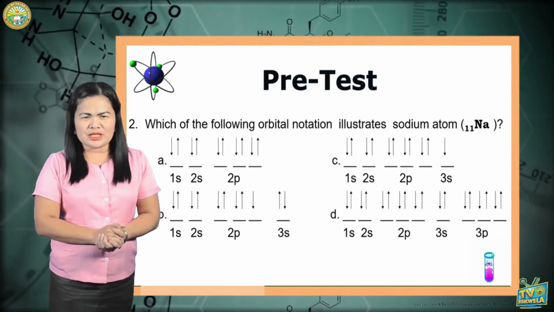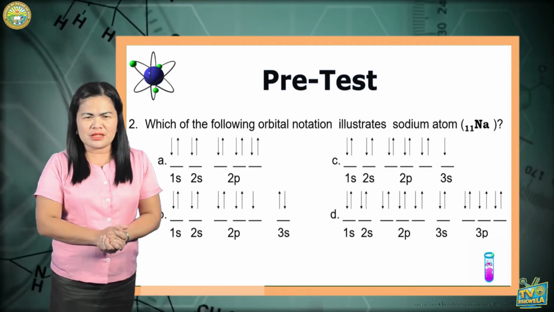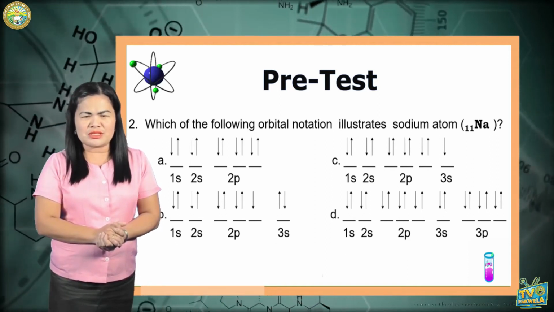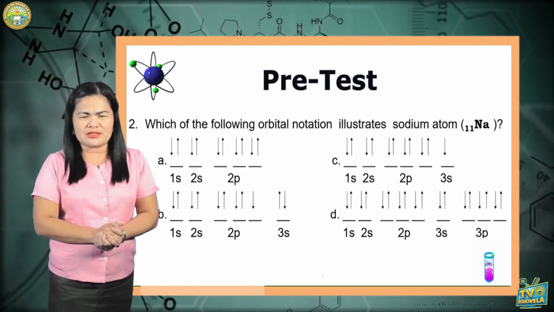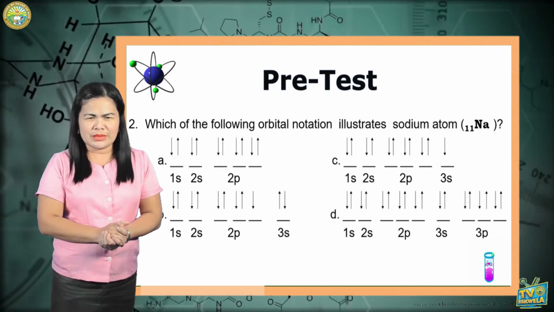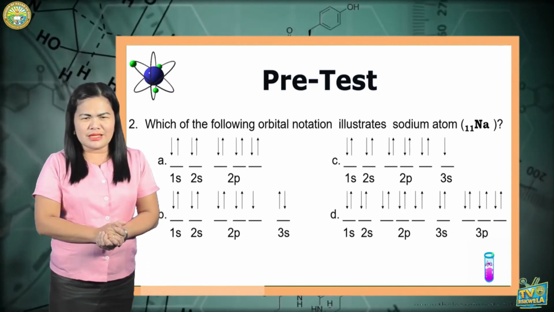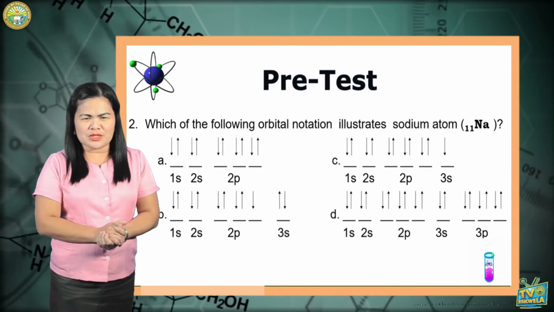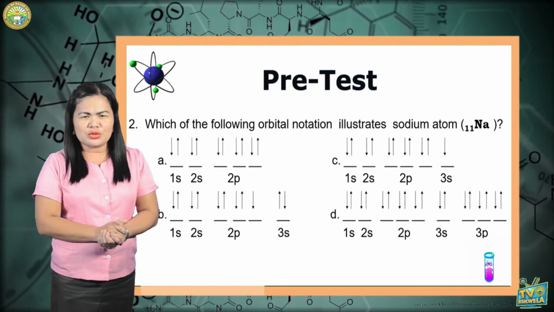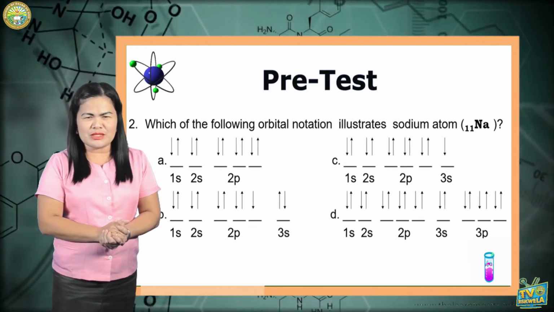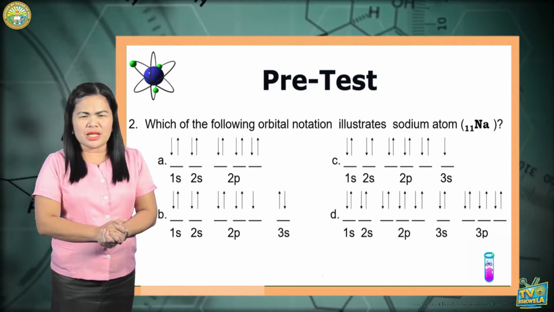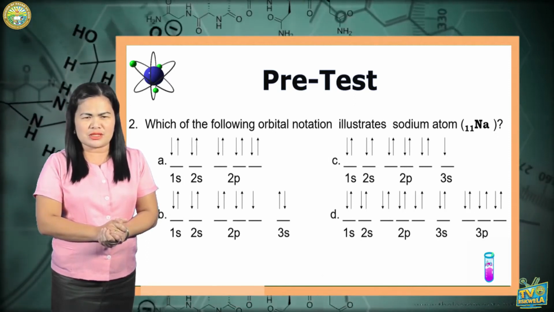C. 1s with 2 opposite spins, 2s with 2 opposite spins, 2p with 6 opposite spins, and 3s with downward spin. D. 1s with 2 opposite spins, 2s with 2 opposite spins, 2p with 6 opposite spins, 3s with 2 opposite spins, and 3p with 6 opposite spins.